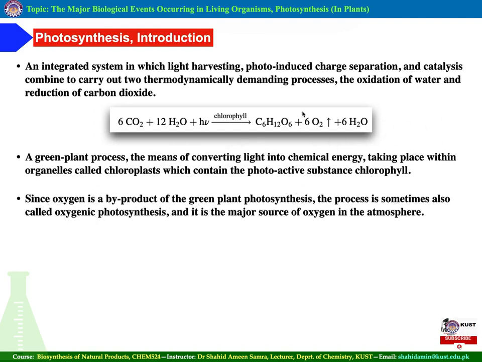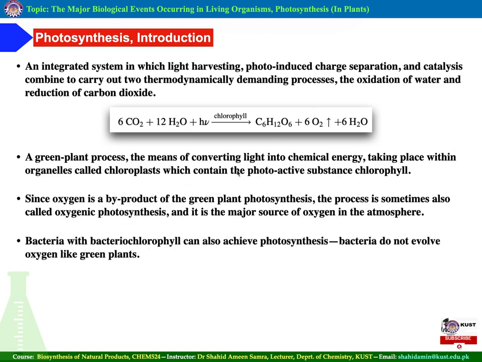In this process, because oxygen is produced as a byproduct within the green plants, this process sometimes is also called oxygenic photosynthesis, that is, the oxygen producing photosynthesis process, and this is the major source of oxygen in our atmosphere.